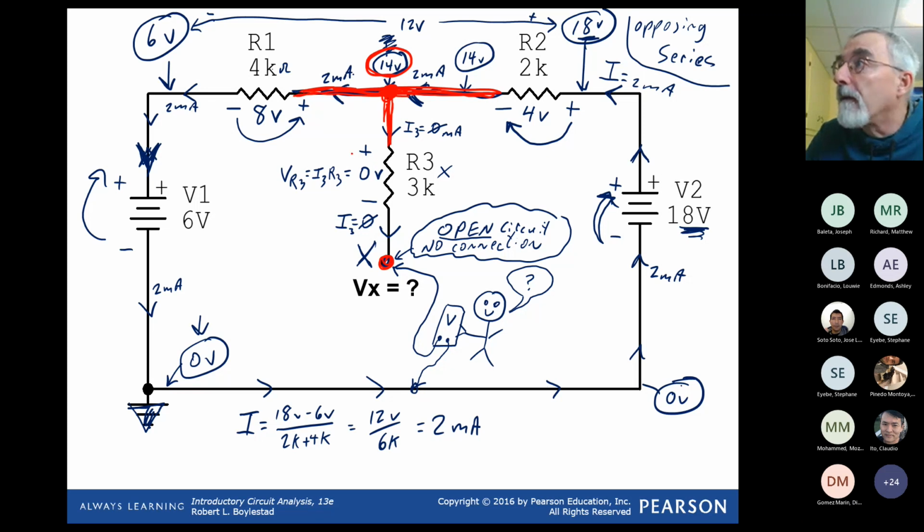So here it looks like we're going from plus to minus as we go through R3. So we're going to drop. And how much voltage are we going to drop? We're going to drop 0. So 14 drop 0, Vx must be 14 volts.